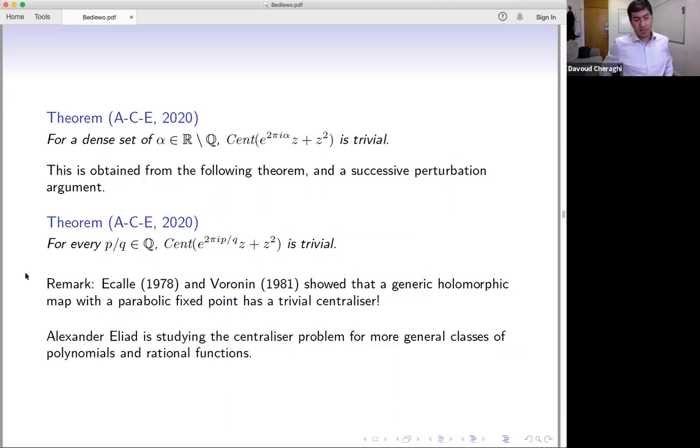Alexandre Chéritat is studying this problem of centralizers for parabolic maps, in more general classes of polynomials and rational functions. He has some results which extend this to other families. For many classes, he has triviality of the centralizer, and he can basically use the same idea to pass to trivial centralizers for other classes of maps.